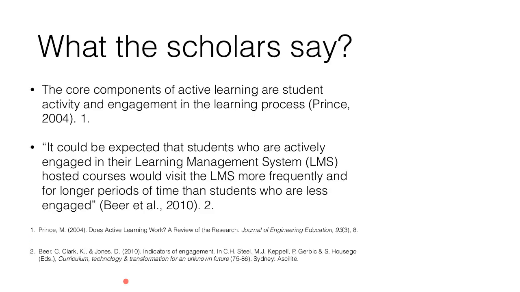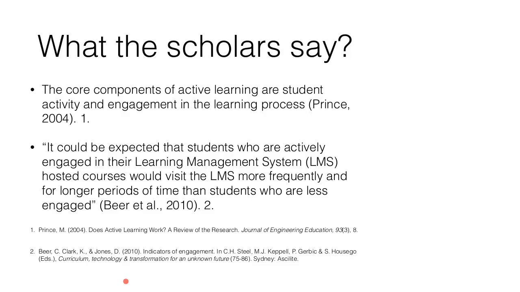What the scholars say about student engagement. The first scholar says the core components of active learning are student activity and engagement in the learning process. This is from Prince in 2004.